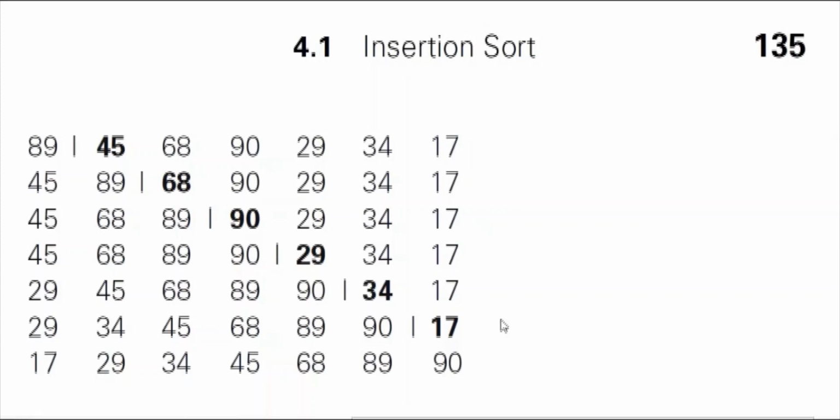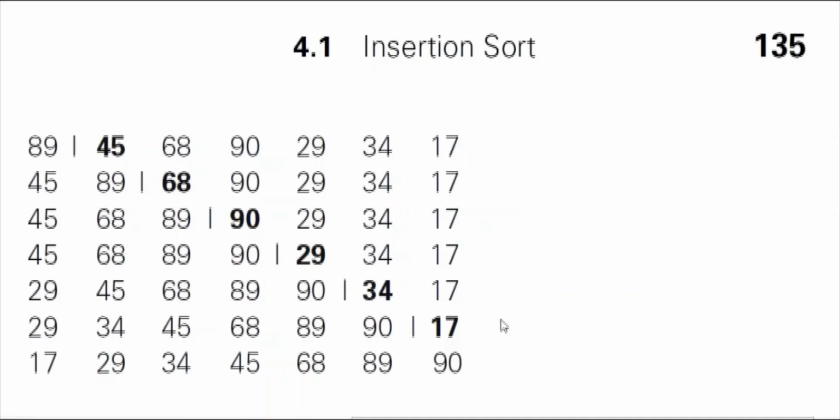If it is less than, I need to place it below the 89. If it is greater than, I need to place it above the 89. So 45 is less than 89, so I am placing it below the 89.